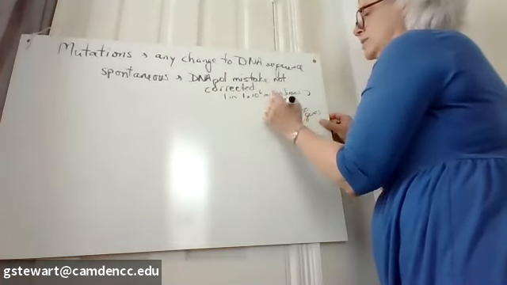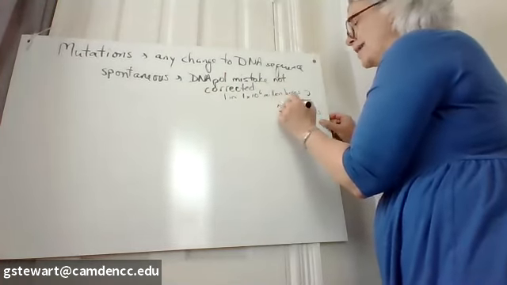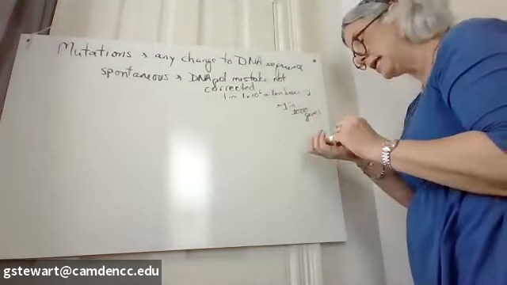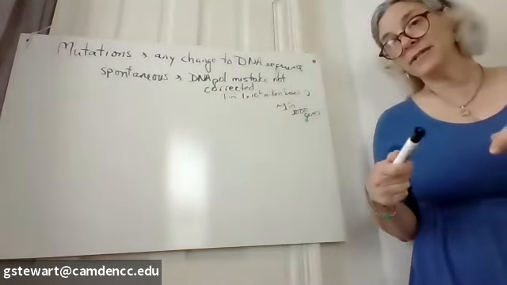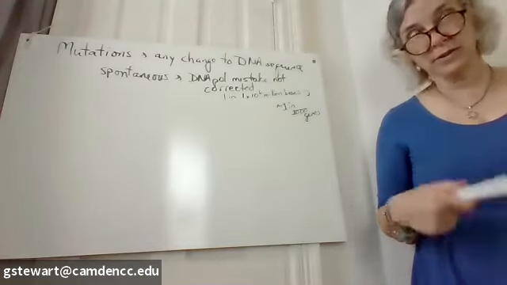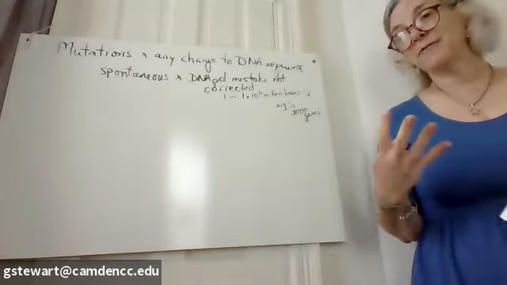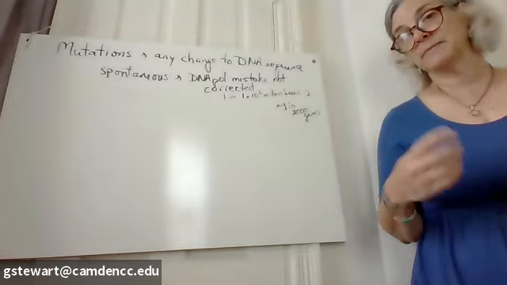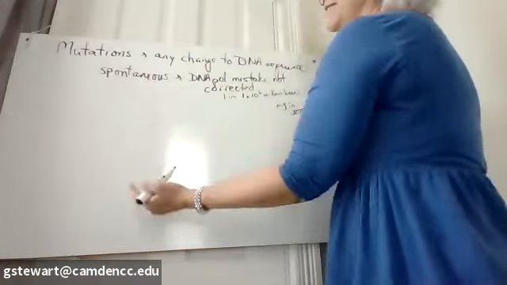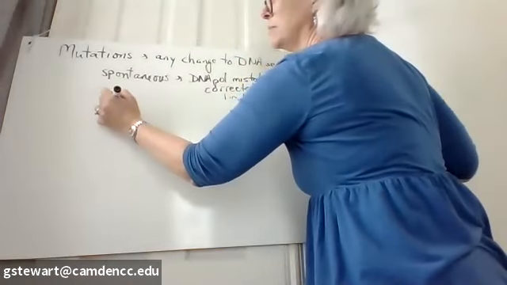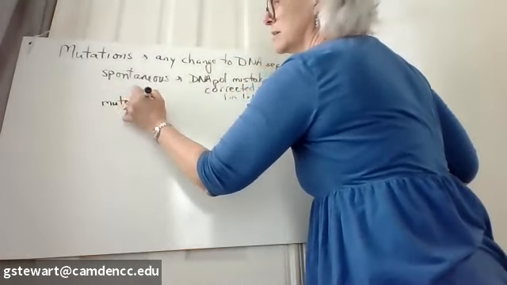It's not exact, that's why I put the squiggly there, right? Approximately 1 in 1,000 genes. So if we think about this, E. coli has about 4,000 genes. So every time the cell divides, which of course is about every 20 minutes, we're going to have 4 spontaneous mutations.